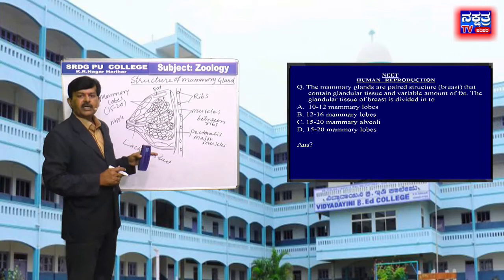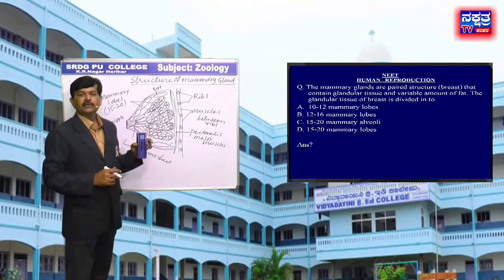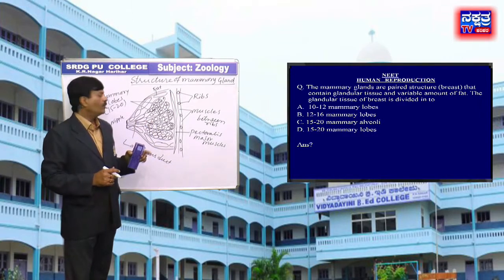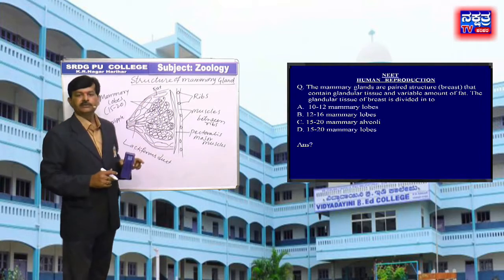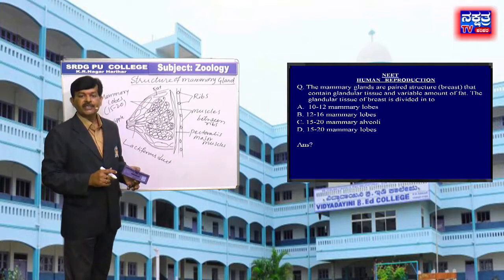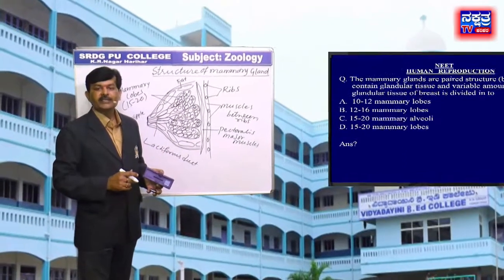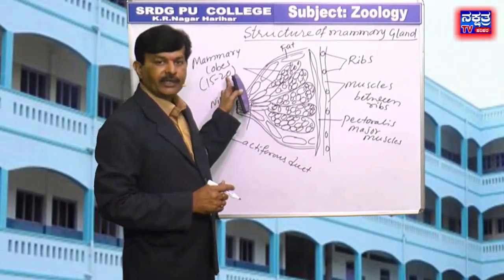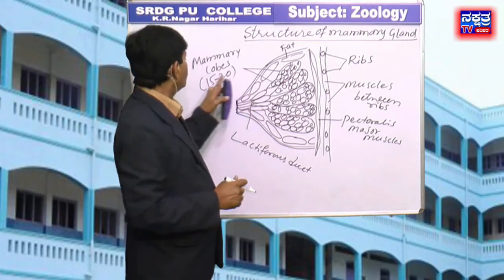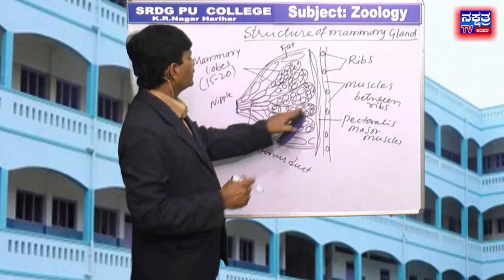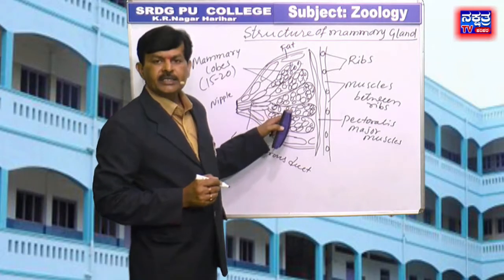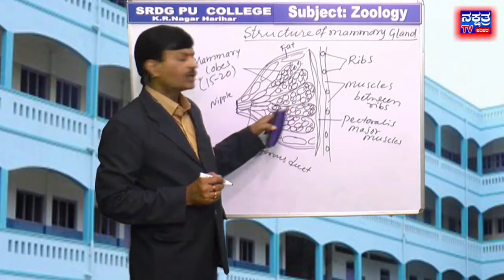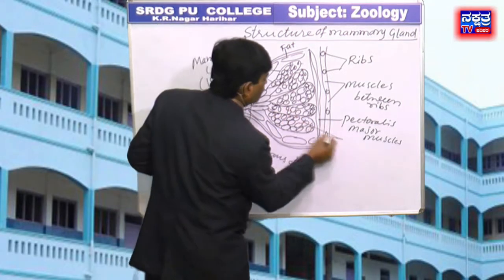The glandular tissue of breast or mammary gland is divided into 15 to 20 mammary lobes. These mammary lobes contain clusters of cells called alveoli.